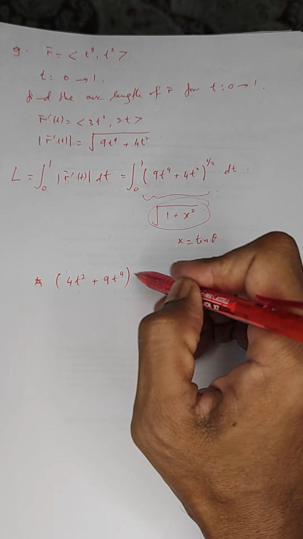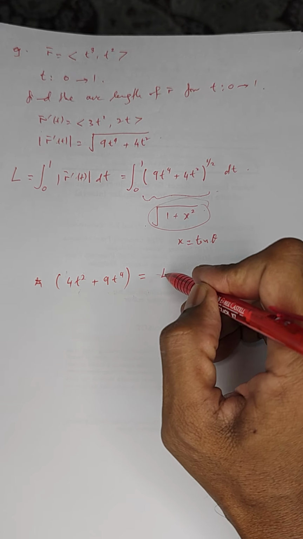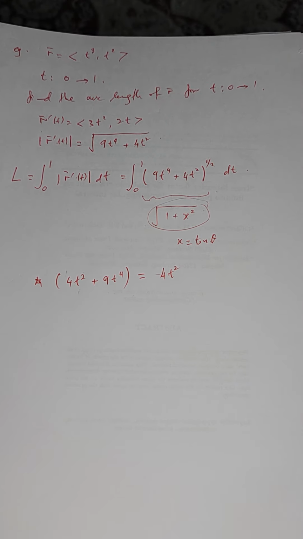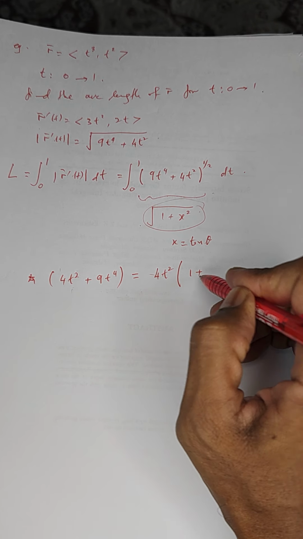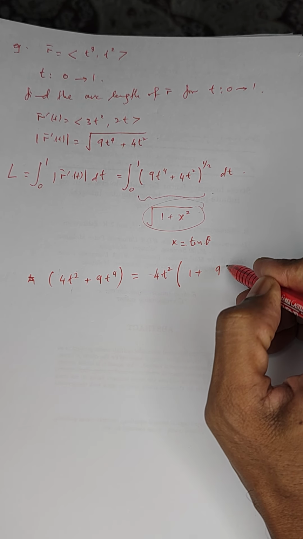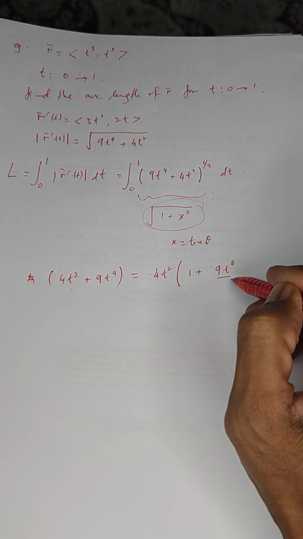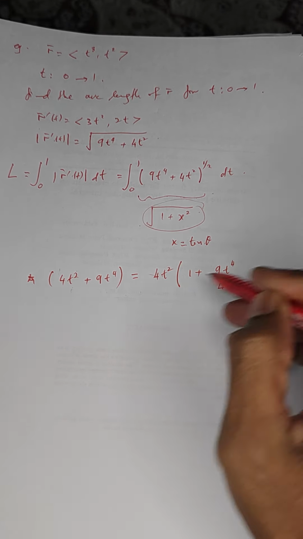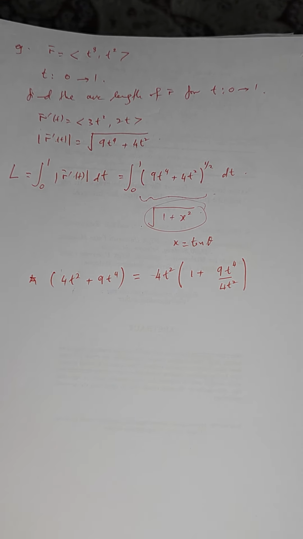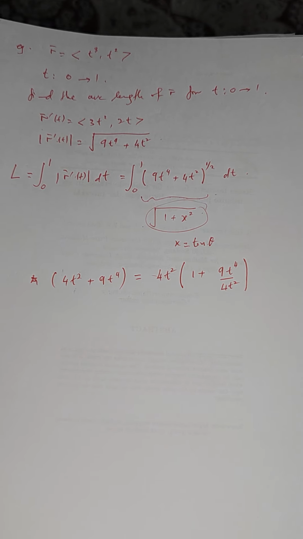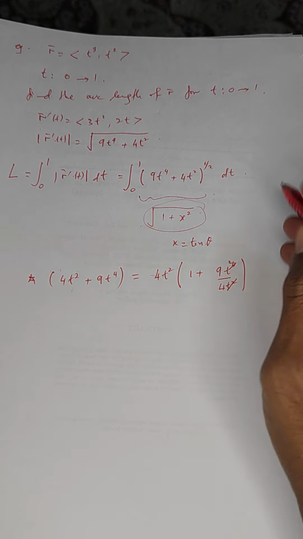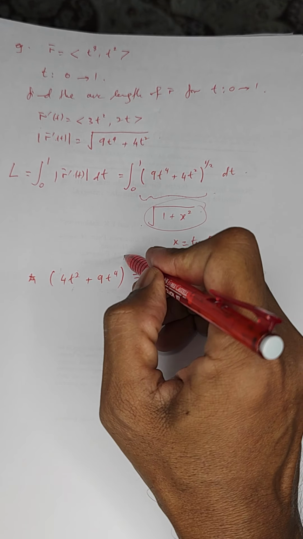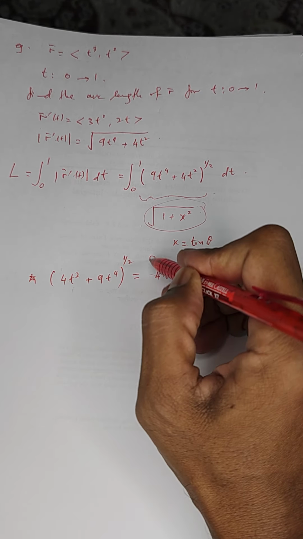This is equal to, you can take out 4t squared, and then what is left is 1 plus 9t to the 4 over 4t squared. Correct? So you can cancel that out. Only 2, so we have a half there. So you can put a half here, I can put everything to the half here.